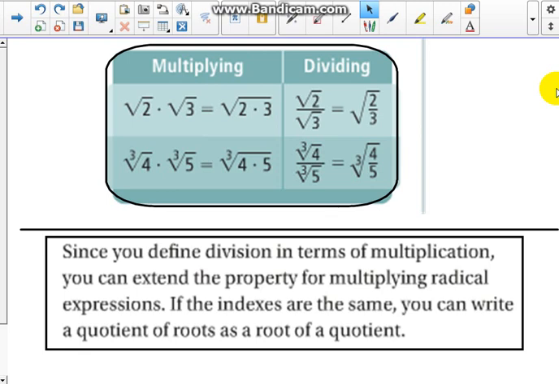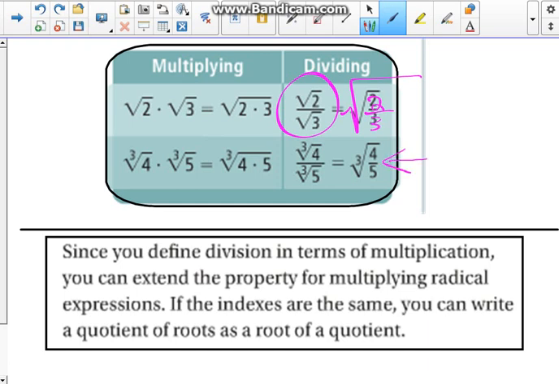And now, if the indexes are the same, we can write a quotient of roots as a root of a quotient. So here we have the radical 2 over radical 3. We can rewrite that as 1 radical, or square root of 2 over 3.